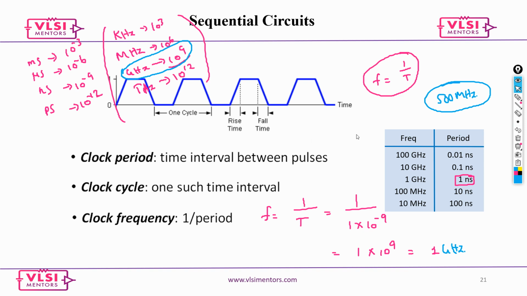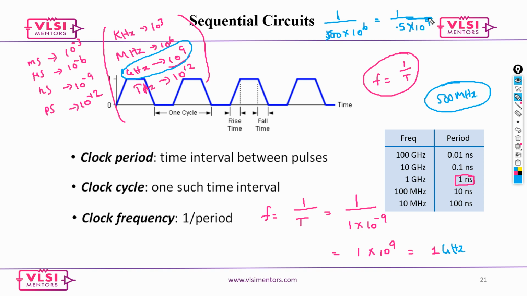Guys, let's not make mathematical mistakes, please. So let's do this calculation. 1 divided by 500 into 10 to the power 6. Now this becomes 1 divided by 0.5 into 10 to the power 9.